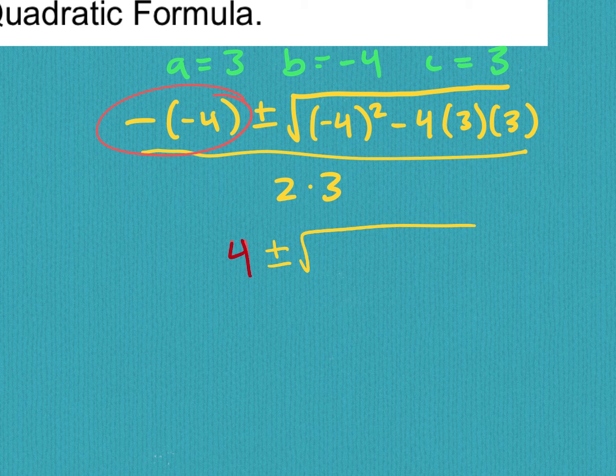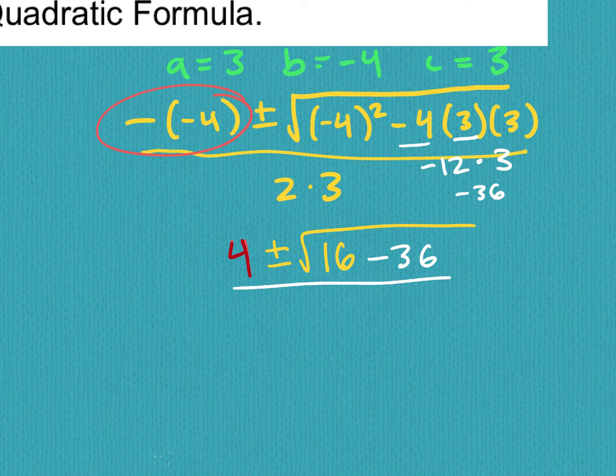So negative 4 times negative 4 is 16. Then I have negative 4 times 3 times 3. So it's negative 4 times 3. That would be negative 12. And then what's negative 12 times 3? Negative 36. So this is negative 36 over, what's 2 times 3? 6.